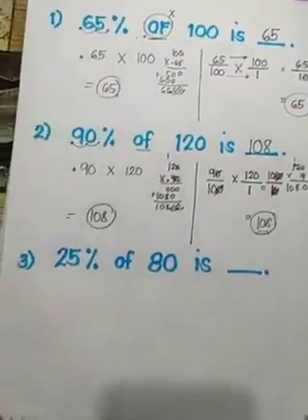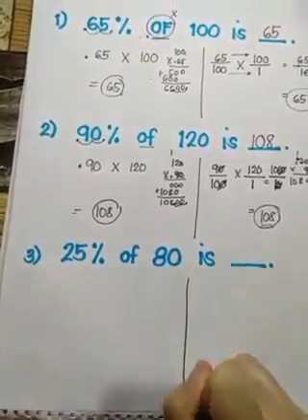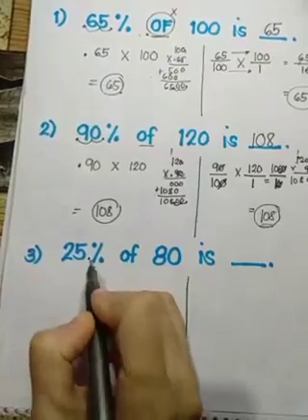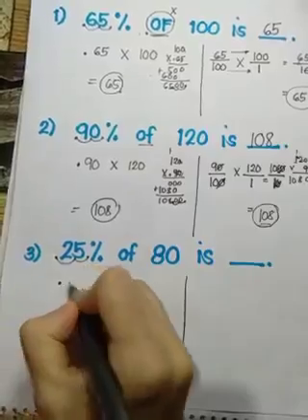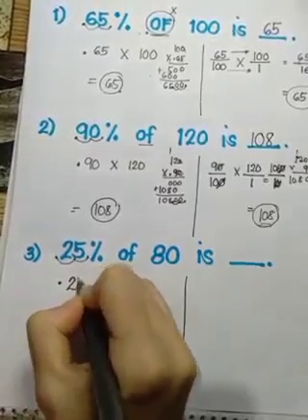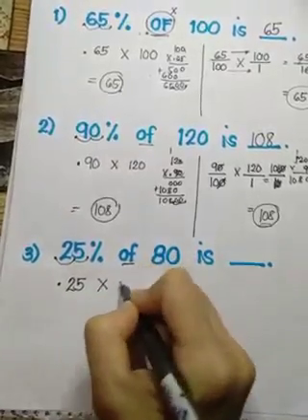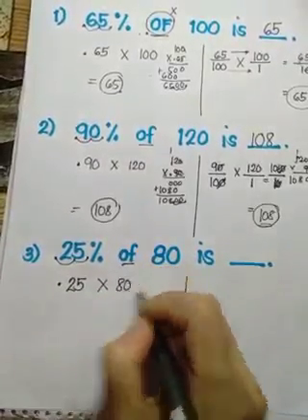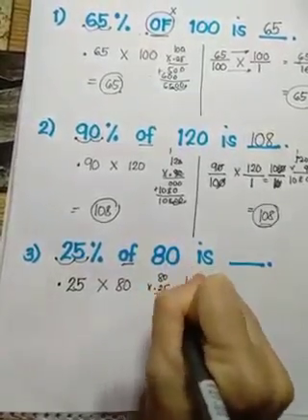Okay, last. We have 25% of 80. Let's change this into decimal by moving 2 places to the left, 1, 2. So we have 0.25. Then of means you're going to multiply, so 80 times 0.25.